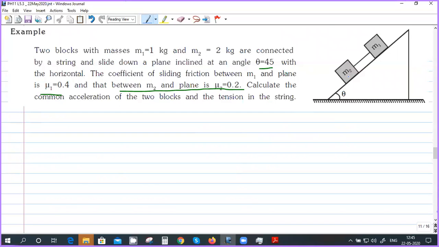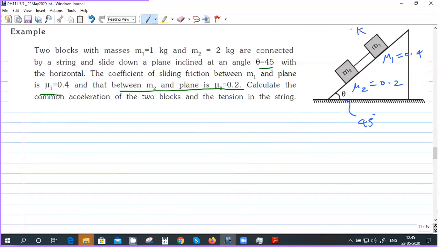So mu1 is 0.4, mu2 is 0.2. Theta is 45 degrees. m1 is 1 kg, m2 is 2 kg. Basically, you have to draw the free body diagram.